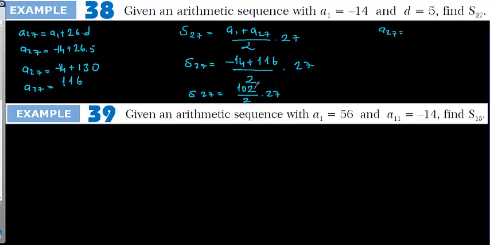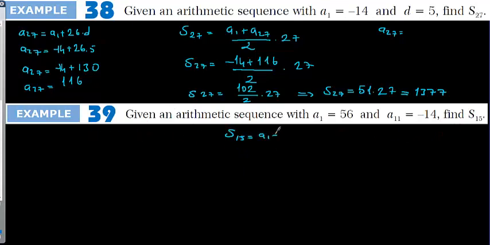When you simplify this part, it's going to be equal to 51, and S27 is going to be equal to 51 times 27, and 51 times 27 is going to be 1377.